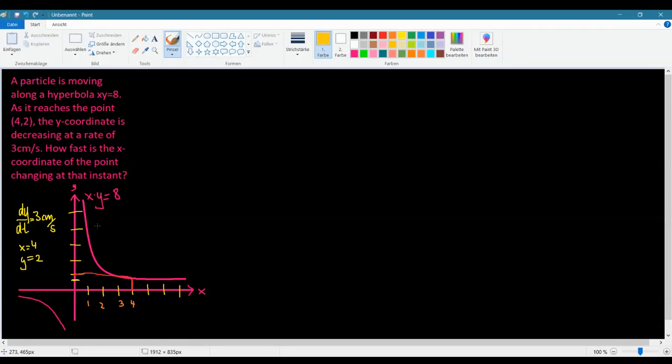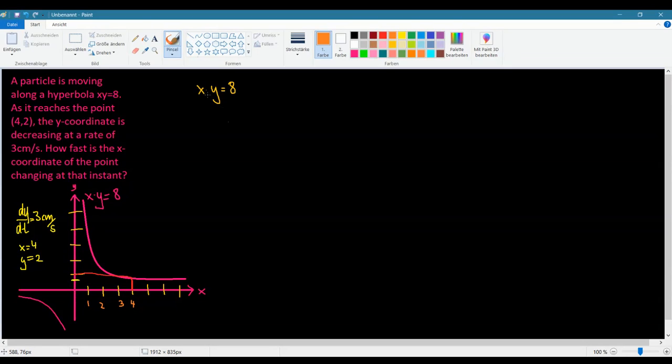So we have this equation and it could look nicer. We could just use implicit differentiation on this, but I don't like it. So we have x times y equals 8. This isn't even a better yellow. Let me just go to orange. I'm done with this shenanigans. So we're going to rewrite this.